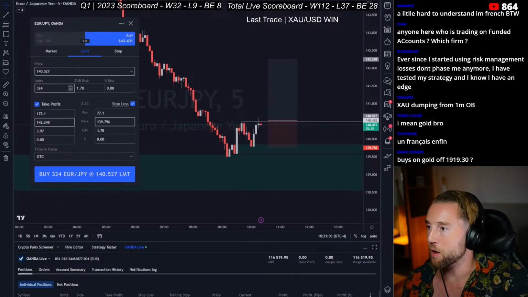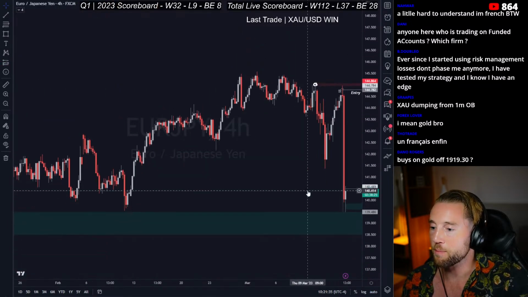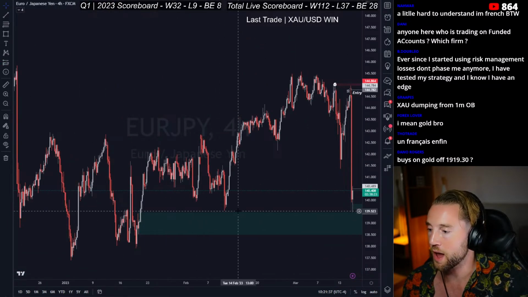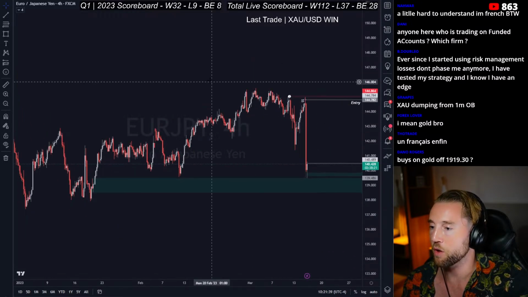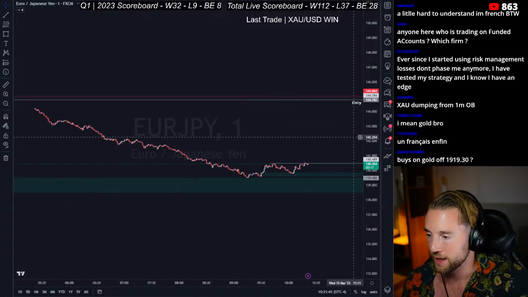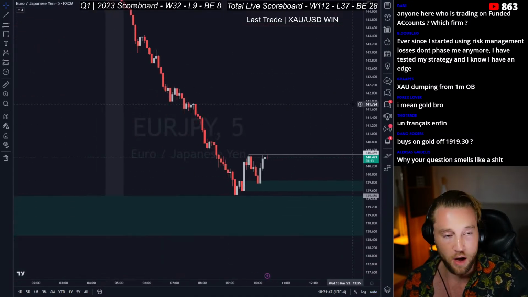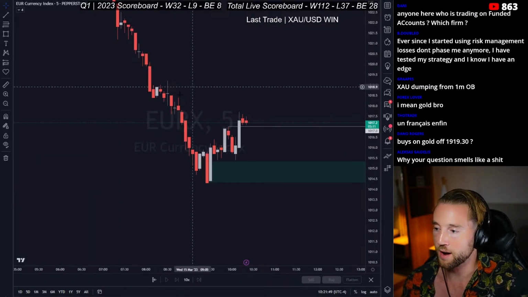We saw a massive bounce from the euro Japanese yen here on the 4 hour as well. Not a massive bounce, but we see a strong reaction from this zone after taking out that particular level. So yeah, look at that massive candle. We're going to see at least some sort of pullback. I do expect that if the yen decides to come down and the euro stays where it is right now.